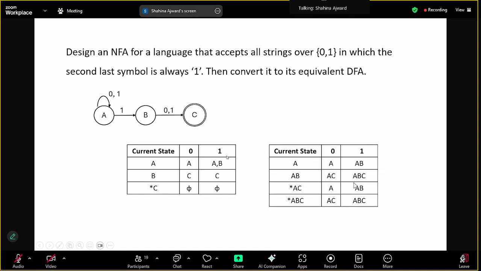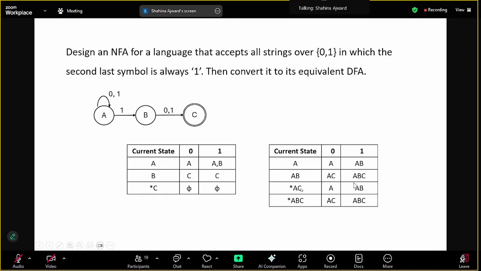For the input symbol 1, for A it is AB, for C nothing, right? So the final answer is AB, right? Now we have AB already over here, so we don't have to define a new state, right? If it is something totally new that you don't have already, you have to add a new row and continue. That's how it works, right?